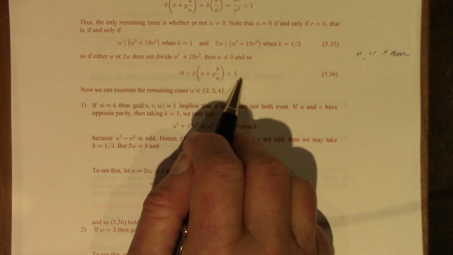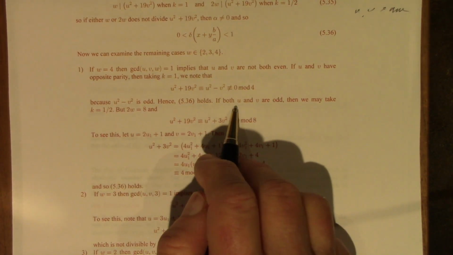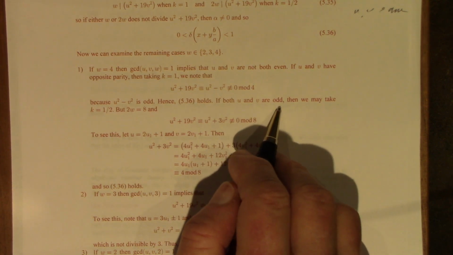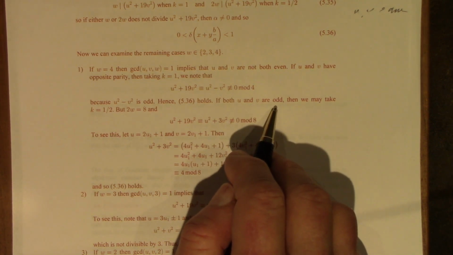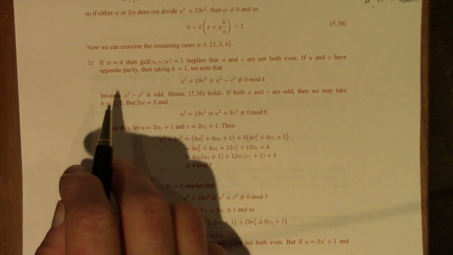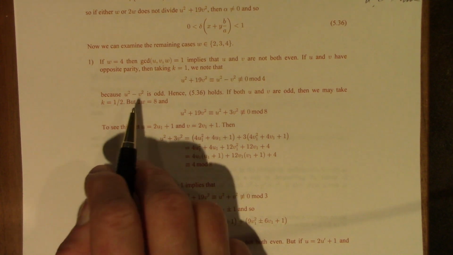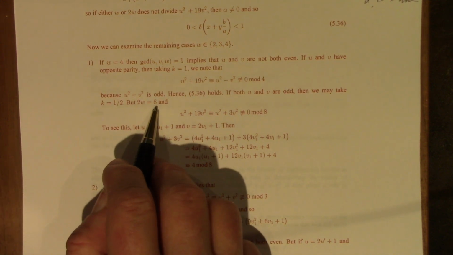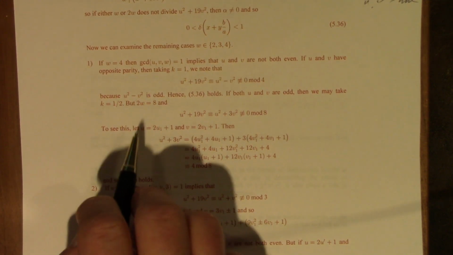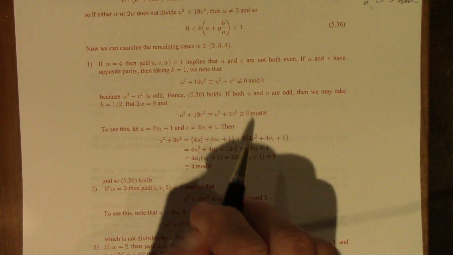And this holds. If u and v are odd, both of them, then we can use the case k equals 1/2. 2w is now 8. And we have to show 8 does not divide this.